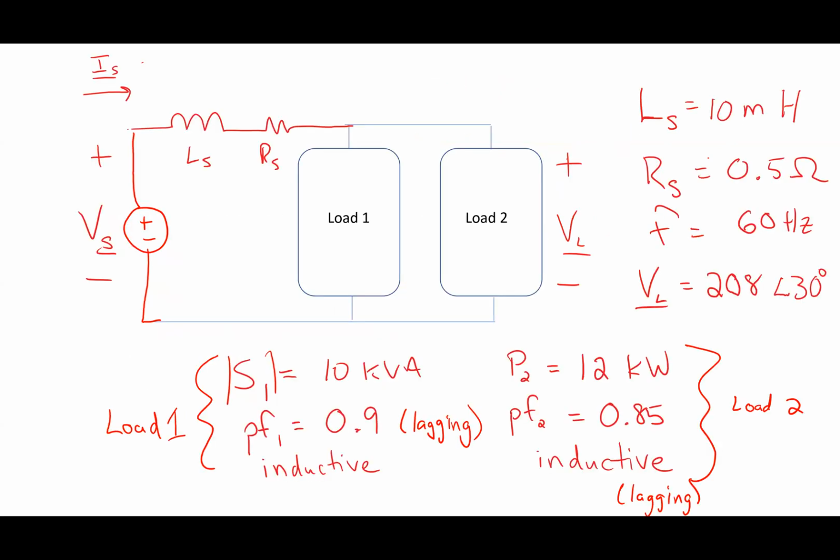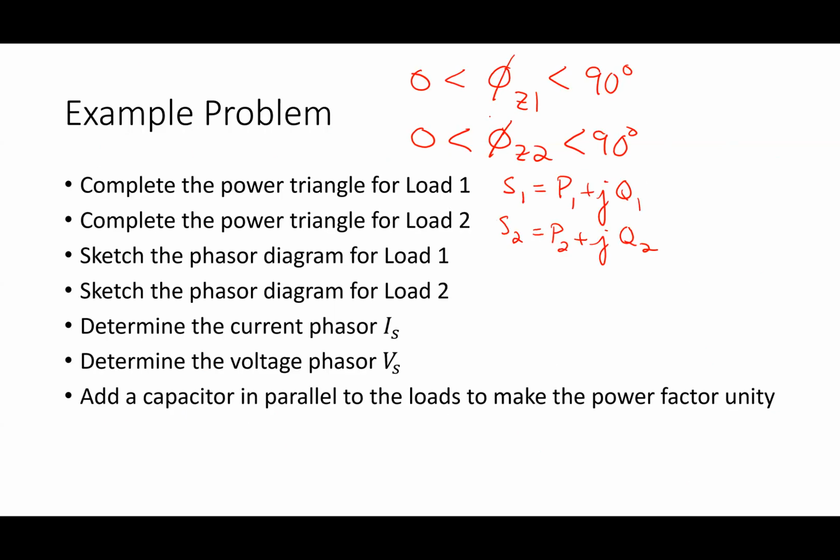Just to be clear, this was I1 going into here. And this is I2 going into here. So how can I get IS? KCL. There's other ways to do it, but to get IS, do KCL.